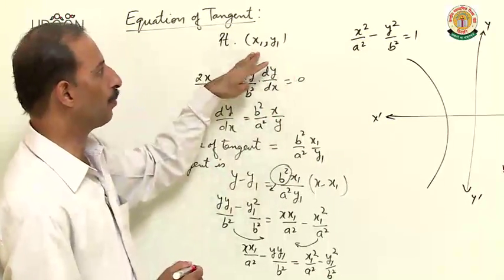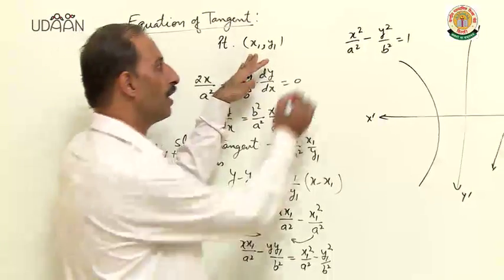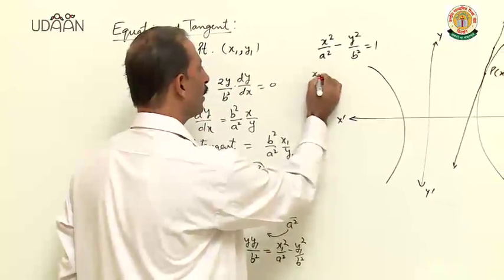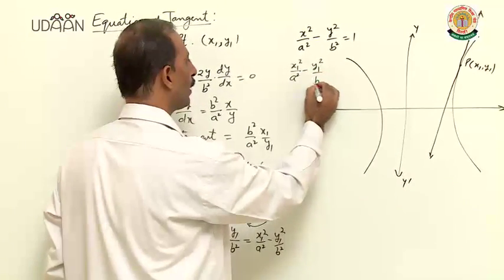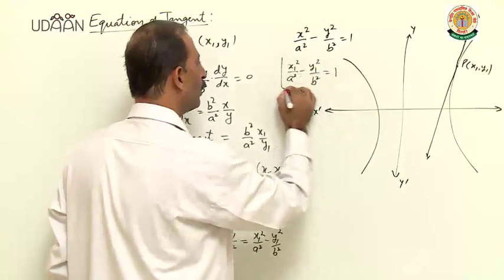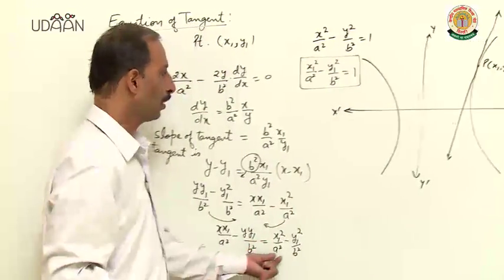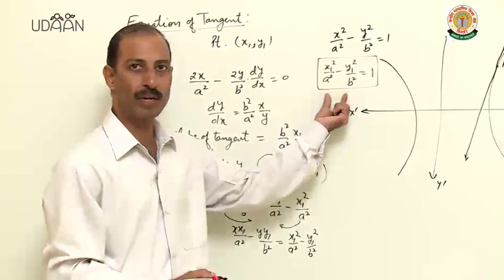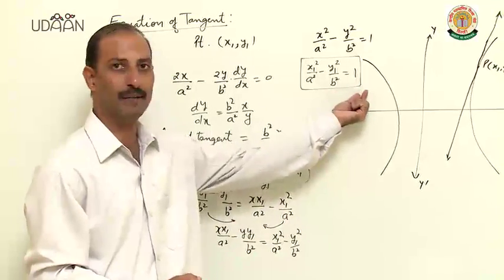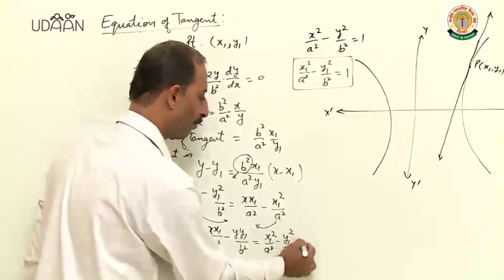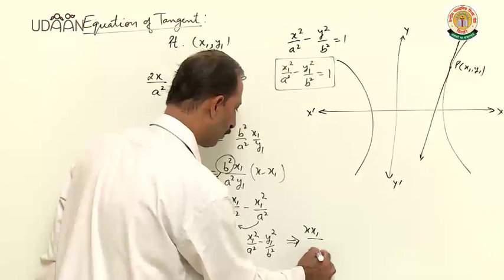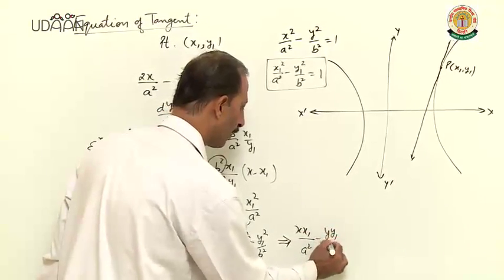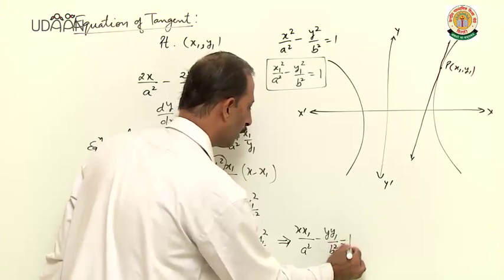So if you put in place of x, x1, in place of y, y1, you will get x1 squared upon a squared minus y1 squared upon b squared is equal to 1. Use this relation here. So I will replace this by 1. So equation of tangent becomes x x1 upon a squared minus y y1 upon b squared is equal to 1.